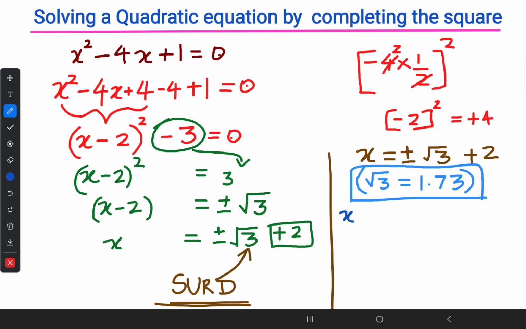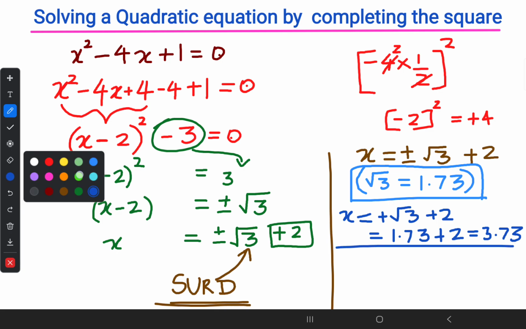When I write the positive solution, positive square root of 3 plus 2, since we know the square root of 3 as 1.73, I can write 1.73 plus 2, which is equal to 3.73. This is one of the answers.